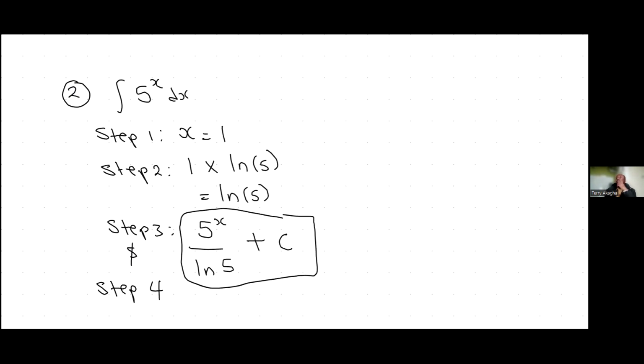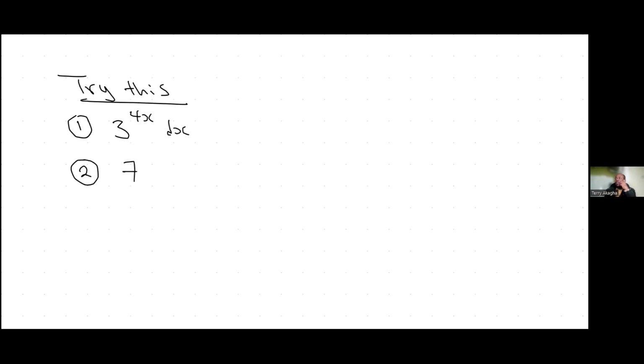I'm going to put some questions as usual that I want you to try and solve, and you can put your answer in the comment section. Or you can discuss with a friend and see if you get the same answer. So we have number 1, 3^(4x) dx. Number 2, we have 7^x dx.